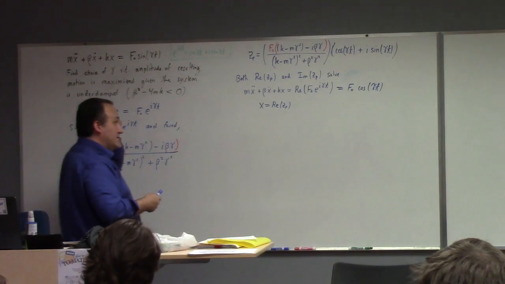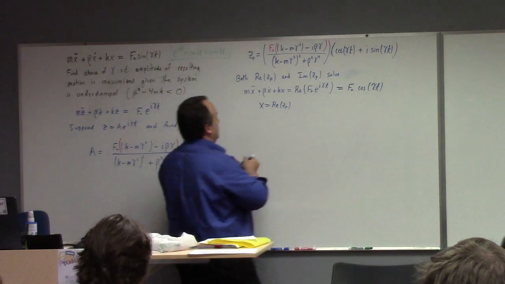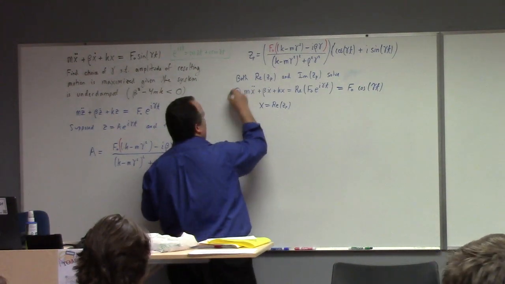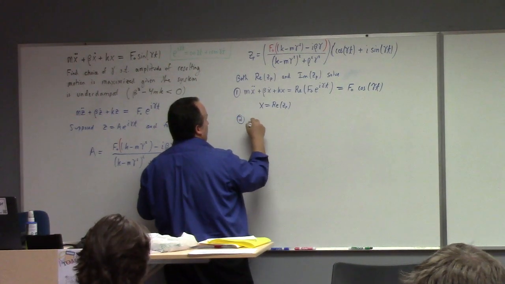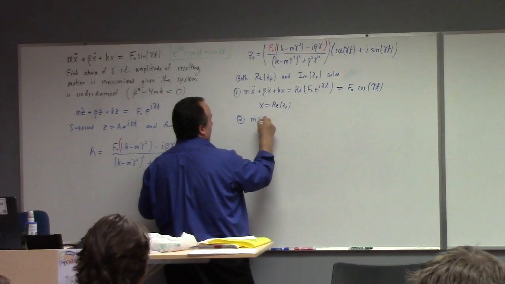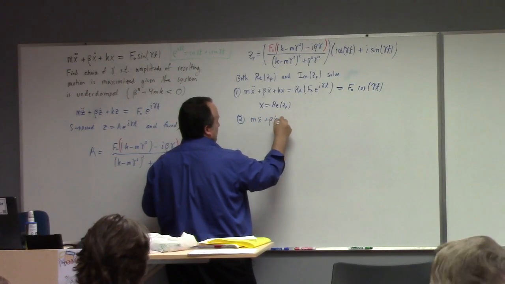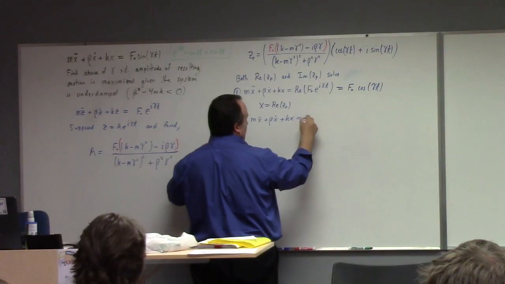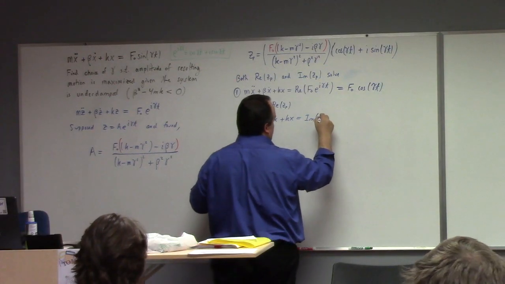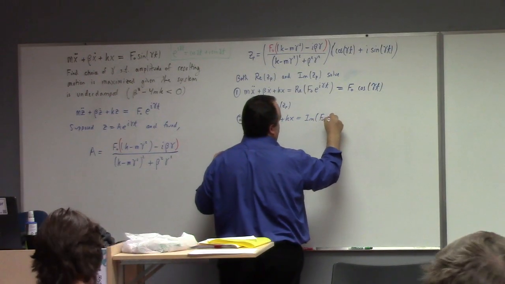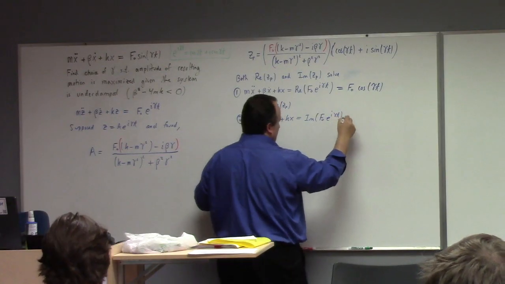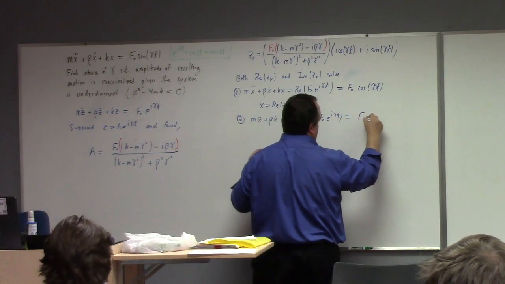I'm trying to solve for sine. So this is true but not helpful to us. Number two, if we have mx double dot plus beta x dot plus kx equal to the imaginary part of the complex forcing function, which is f naught e to the i gamma t, well, that's f naught sine gamma t, which is actually what I'm after.